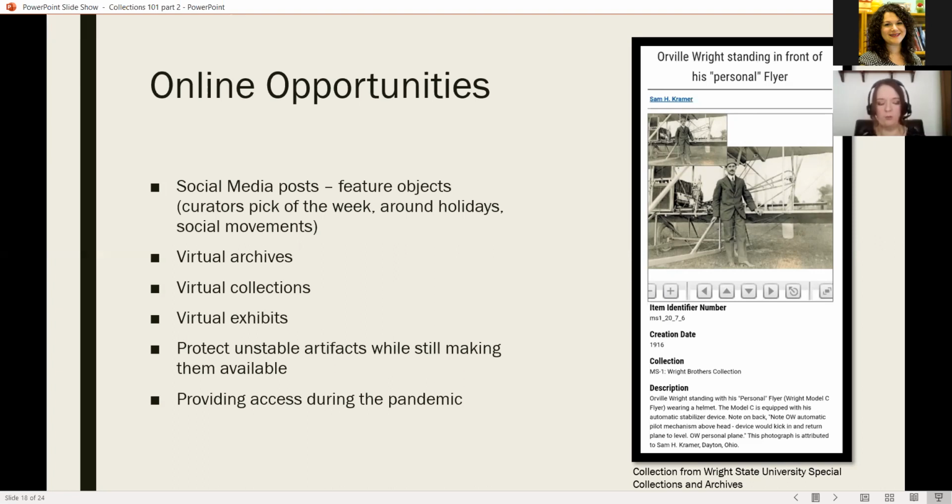There's also virtual exhibits. I think they're becoming more common now, and there's a variety of ways to do that. You can take still images and just create sort of a PowerPoint slide type of deal where you go through items.